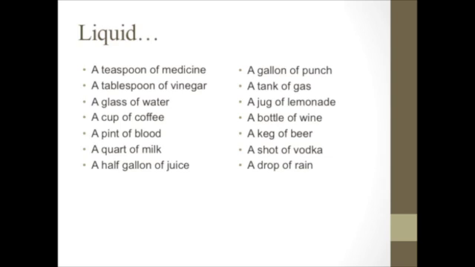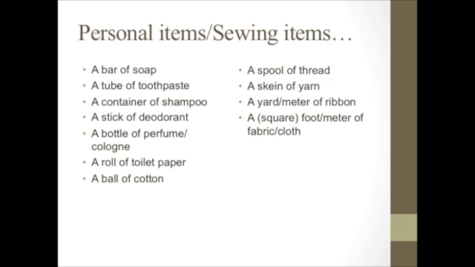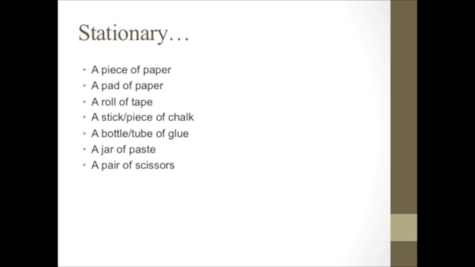Liquids are usually counted by their container, but sometimes by their shapes, as in drop or puddle of water. Containers, shapes, and measures frequently apply to other items. The same is true for items in stationery as well.